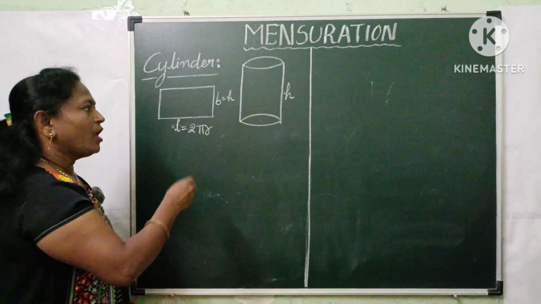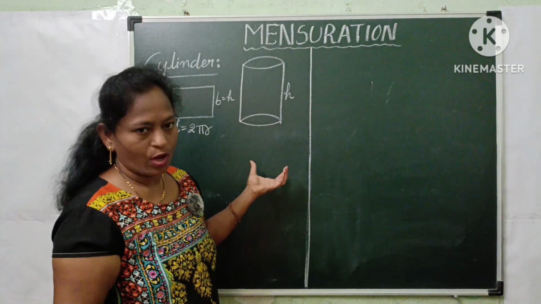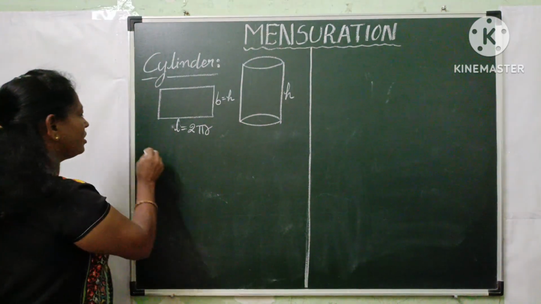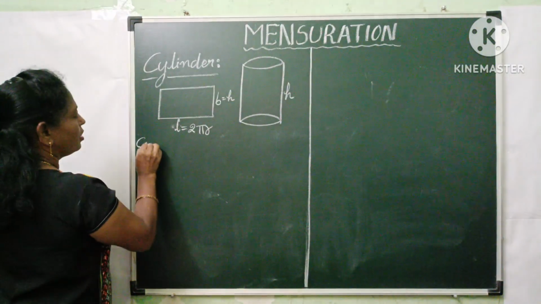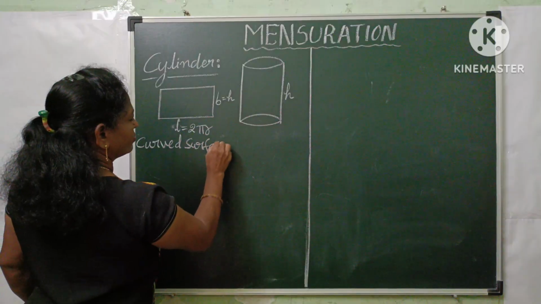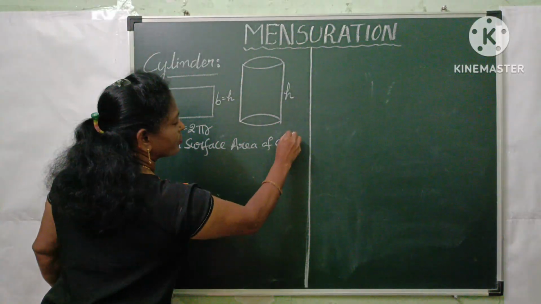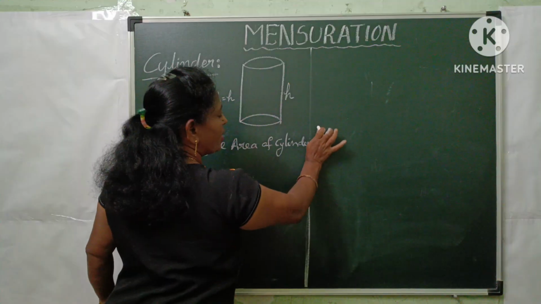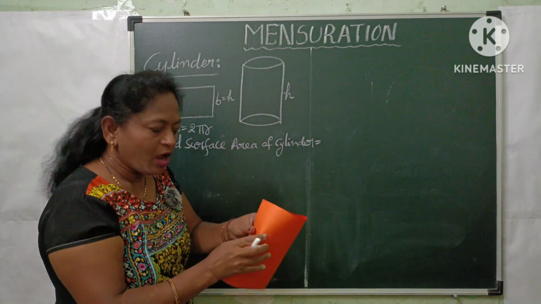Now, we have to find, in 3D shapes, the lateral surface area, total surface area and volume. Okay, this is a curved shape. So curved surface area. We are finding here the curved surface area; lateral surface area and curved surface area are both the same. The curved surface area of a cylinder equals the area of the rectangle.